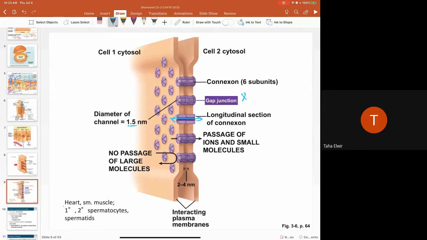So down here, heart, smooth muscle, but also your primary and secondary spermatocytes and spermatids in the male, they're going to use tight junctions to share hormones and nutrients so that they will develop at the same rate. So from one stem cell, you can get 4 spermatocytes and spermatids formed. And this is very advantageous.